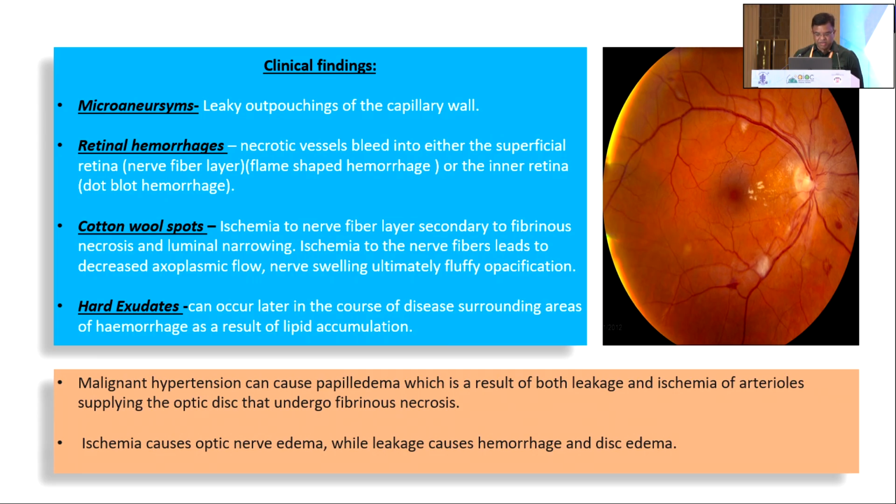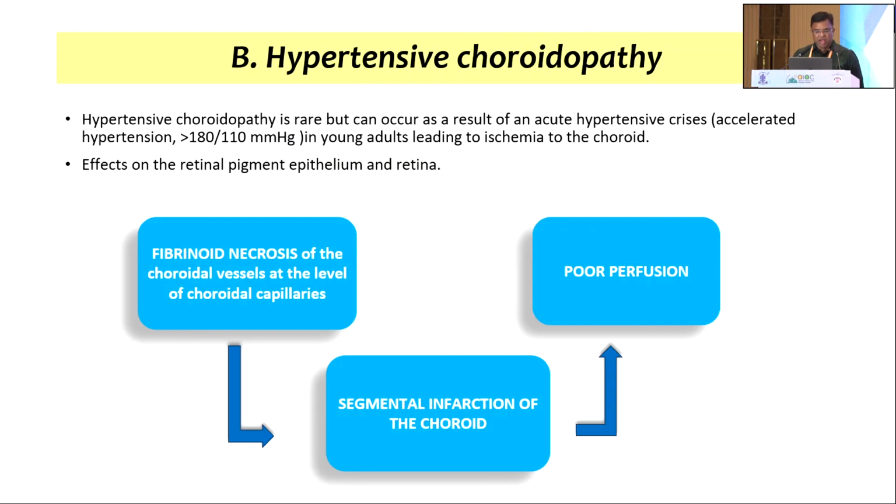Then we have hypertensive chorioretinopathy, which is rare but can occur as a result of acute hypertensive crisis, also known as accelerated hypertension, where there is a sudden increase of blood pressure above 180 by 110 millimeters of mercury in young adults, leading to sudden ischemia of the choroid.